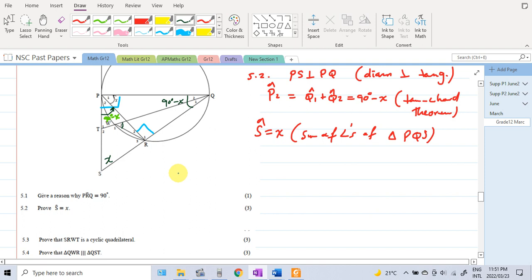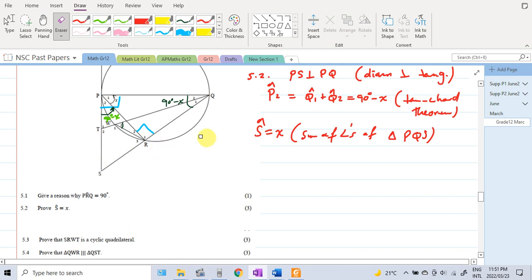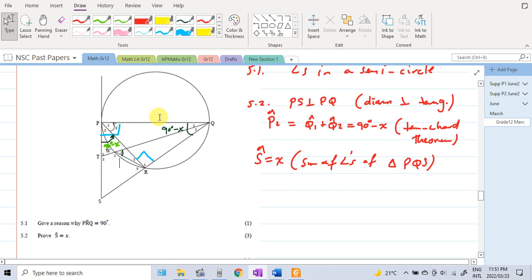How is it a cyclic quadrilateral? Can we get angles in the same segments? I didn't look at this circle properly, so let's look at angles in same segments. No, you don't have that. If you try WR, we're going towards angle Q1, no, we're not getting anything there.